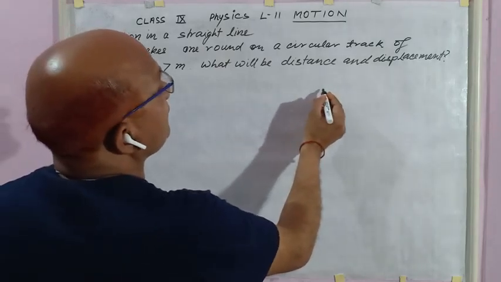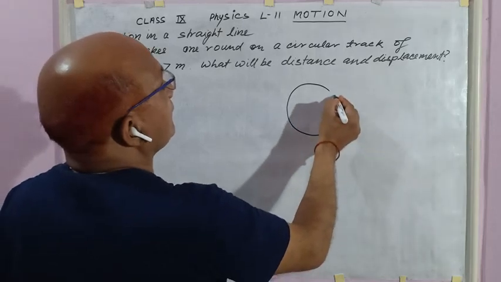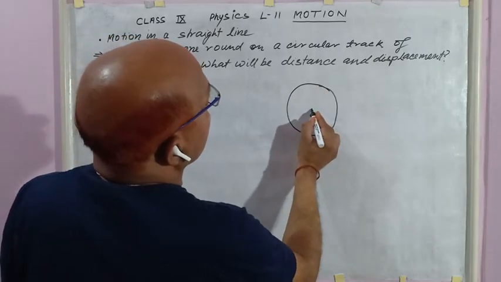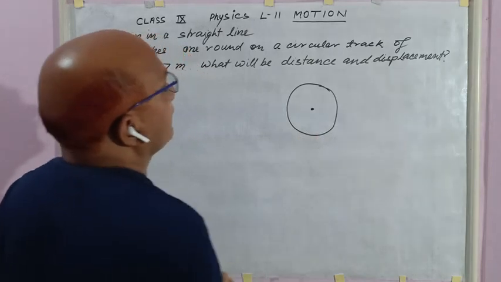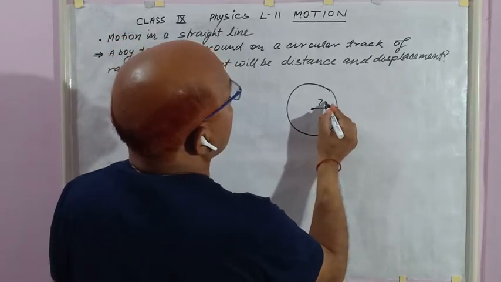Suppose it is a circular track and its radius is 7 meter.